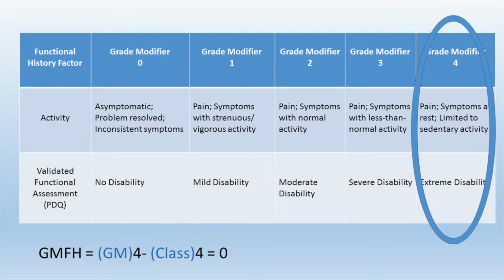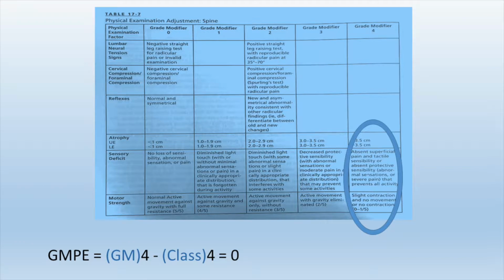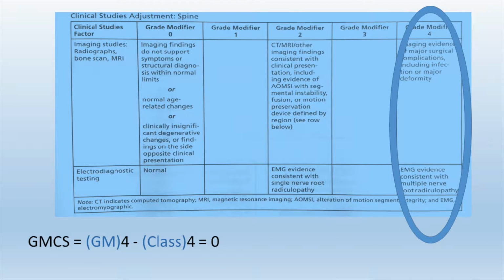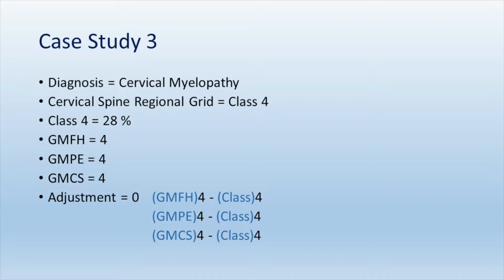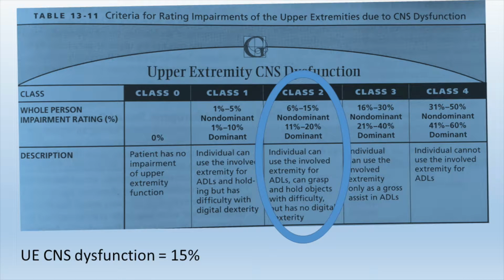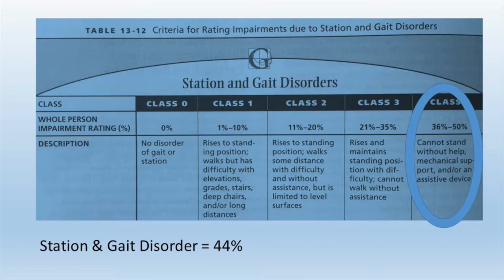So you'd look at other factors. So our grade modifier, there's no adjustment required. But if we look at other particular factors, upper extremity CNS dysfunction, he's lost function in non-dominant and dominant hand. So you need to add the upper extremity CNS dysfunction to that score. Likewise, gait disorder, he cannot stand or walk, and that gives him a whole person impairment of 44%.